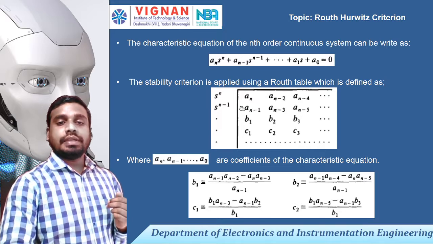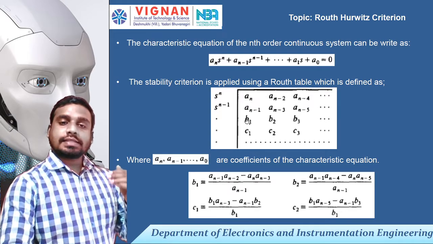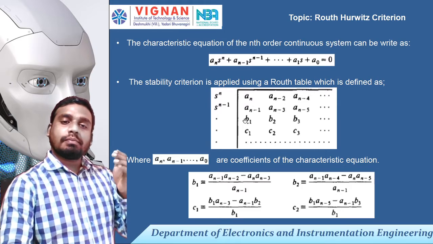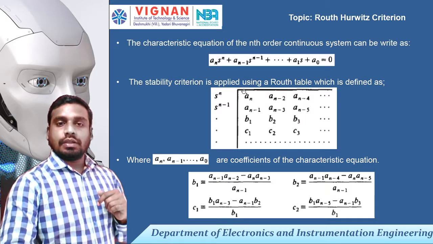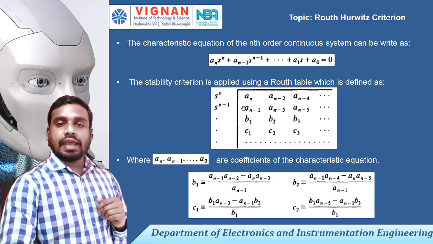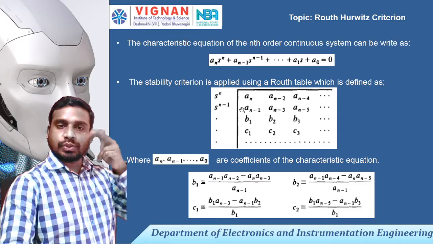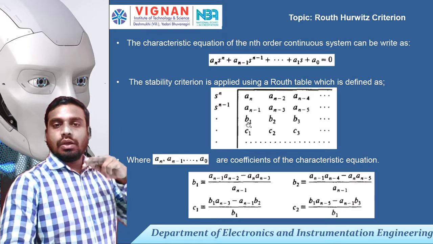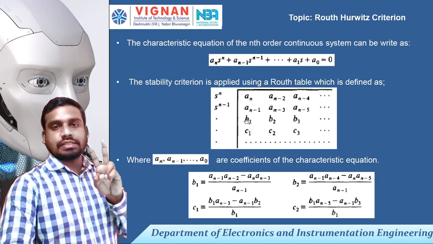The sign changes from a n minus 1 to b1, and again from minus to plus here. Usually a n minus 1 is positive, then b1 is negative. So there is one change in sign, positive to negative, and again negative to positive. There are two sign changes.